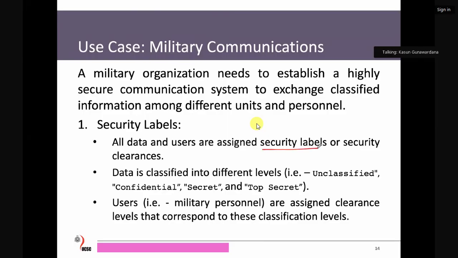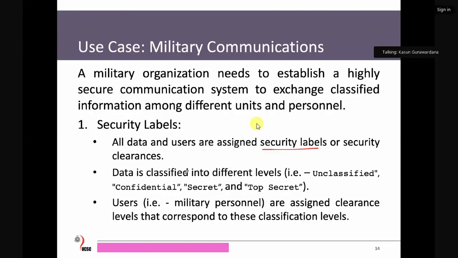There are security labels, and data is classified into different levels based on sensitivity or criticalness. The data or the resources are classified into different levels.